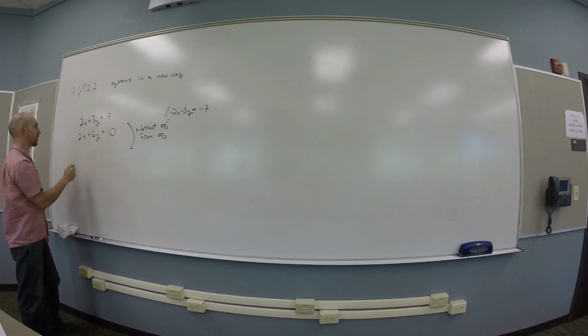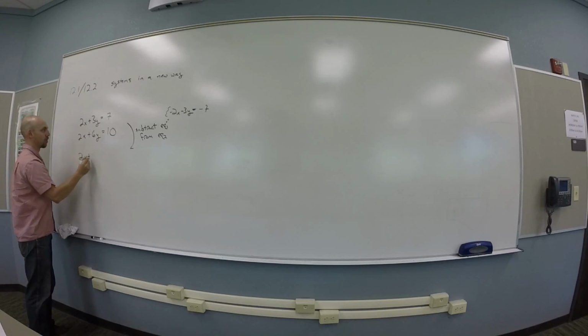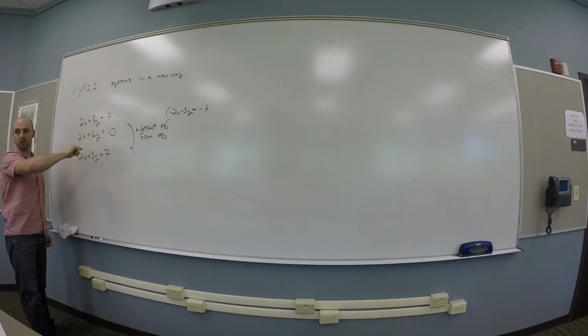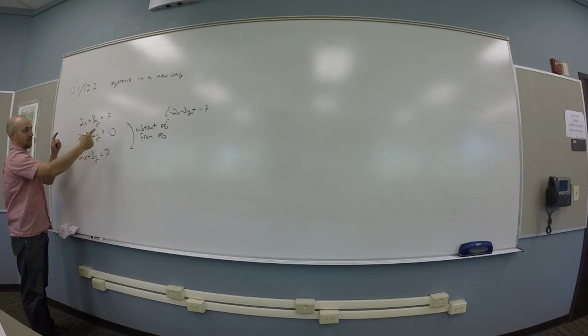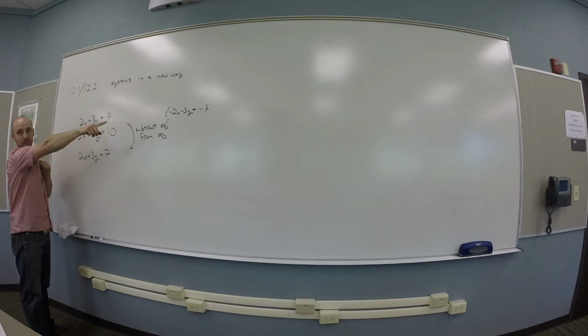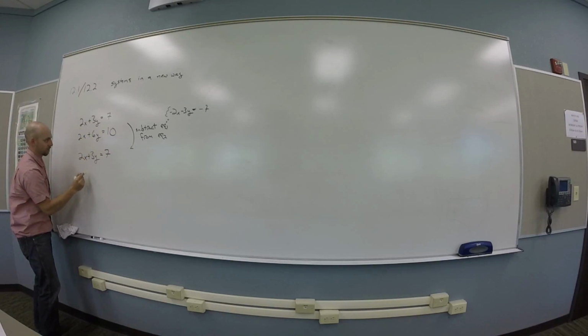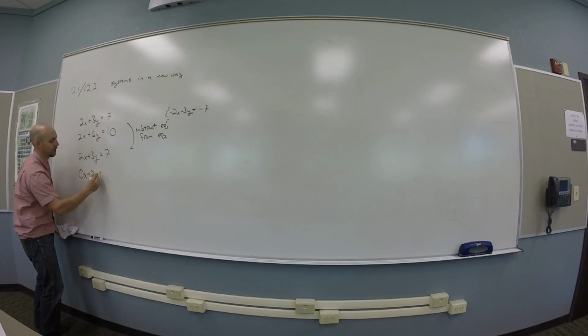So in my next stage, I'm going to leave the first one alone: 2x plus 3y is 7. And the second equation is going to become this thing plus that thing. So I'm going to get 0x plus 3y equals 3.